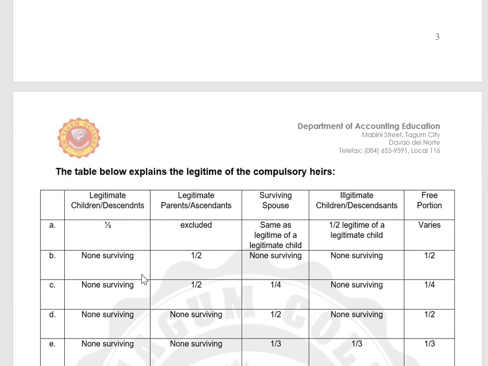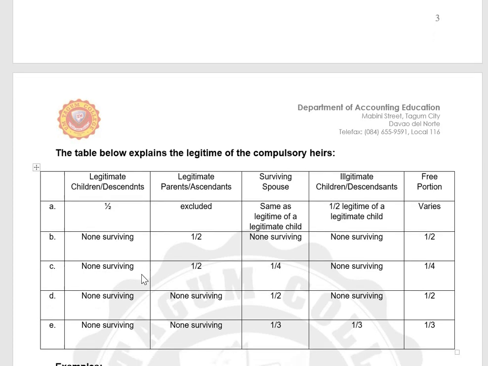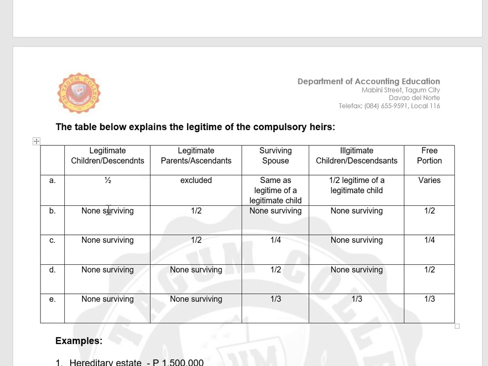Yan. So, the table below explains the legitime of the compulsory heirs. So, ito siya. So, if may legitimate children, may surviving spouse, may illegitimate children, yan, no, so ang share would be 1/2 for the legitimate children or descendants.